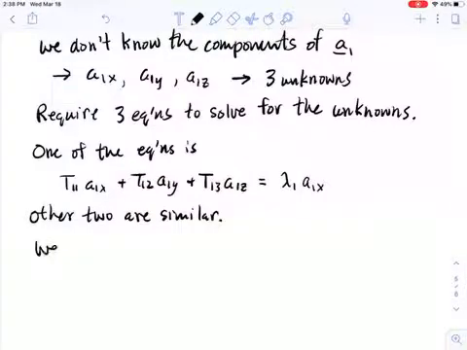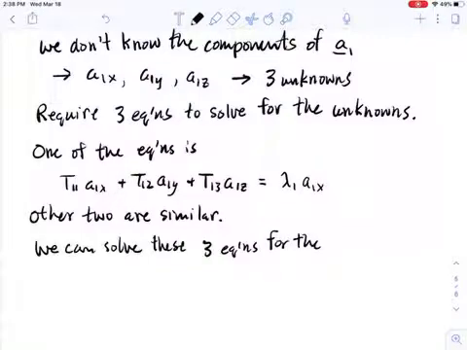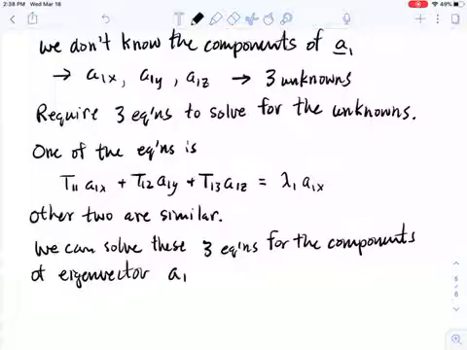So we can solve these three equations for the components of the eigenvector A1.